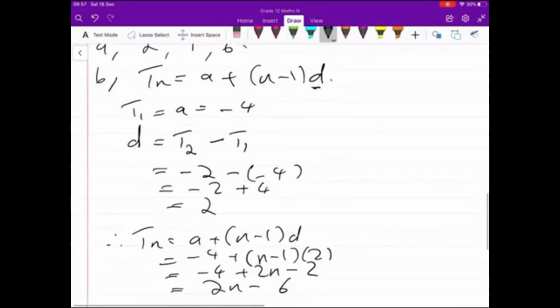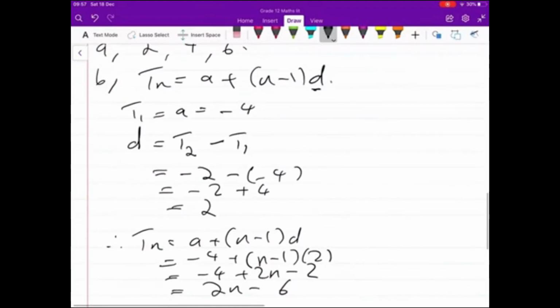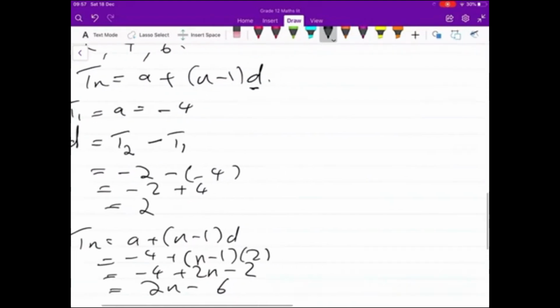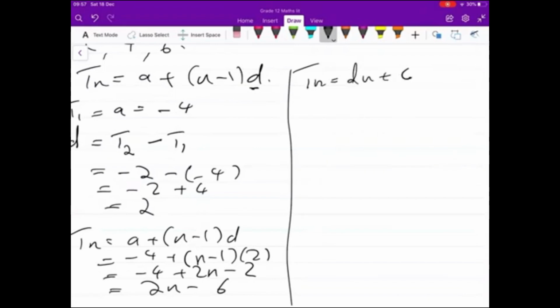Okay, that's the first way in which you can find the general term. The second way that you can find the general term is to use Tn equals dn plus c. The common difference, well, we have found already that the common difference is 2. So substitute that into the equation so that it is Tn equals 2n plus c.